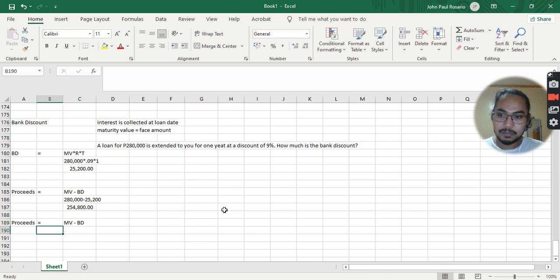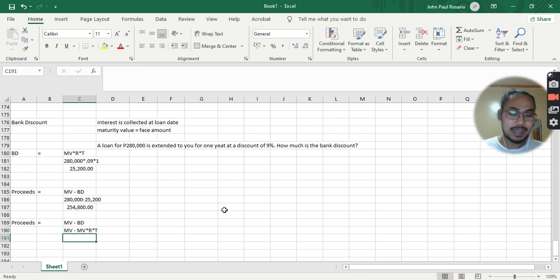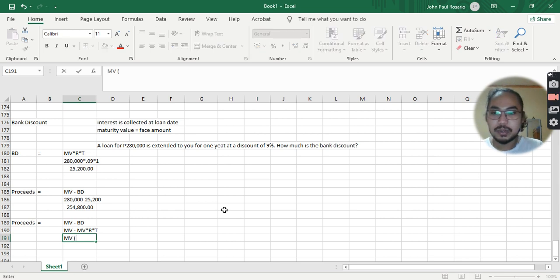But we know for a fact that BD's formula is equal to MV times rate times time. So, same with that, there is a common factor. So, maturity value divided by maturity value is 1. So, copy the minus sign. And then MVRT over MV is just RT.